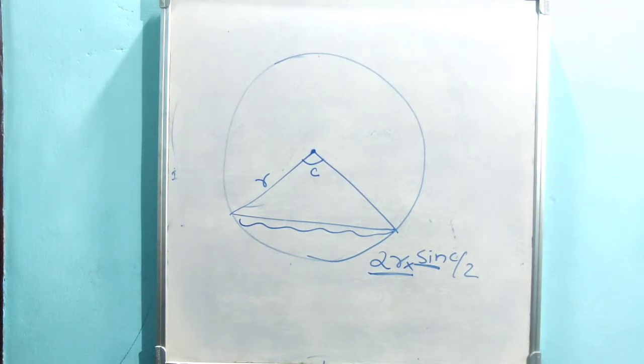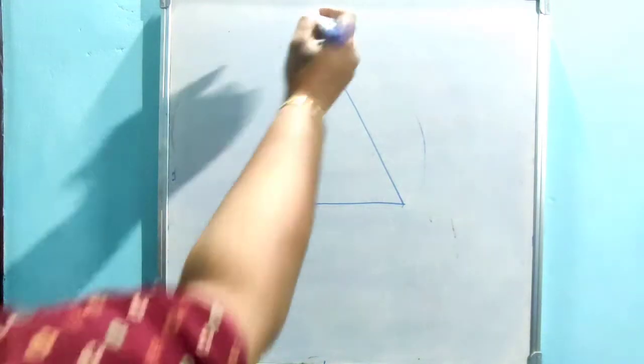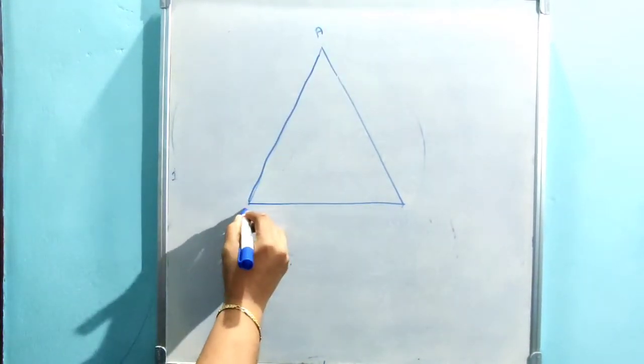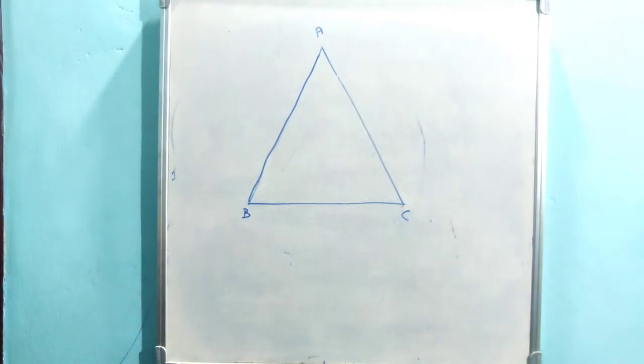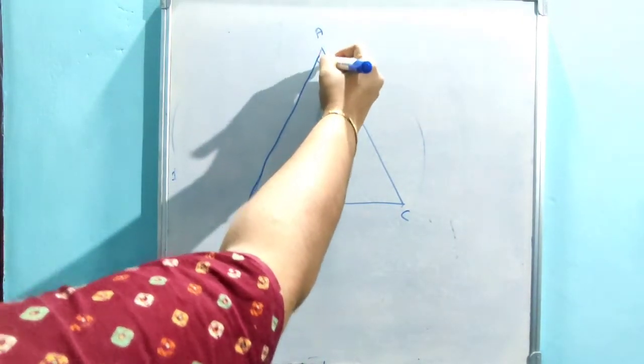Now we are going to extend this result to find the length of sides of triangles. Here we have a triangle. ABC is a triangle, and here we have the measurements of the angles.